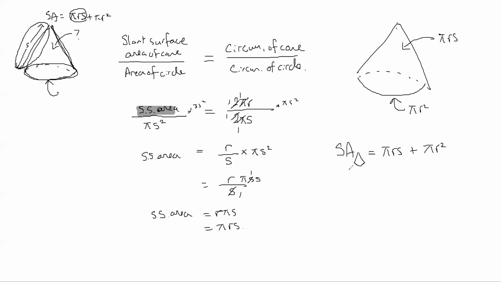It's a bit of a stretch. This formula can be proven using grade 12 math, basically calculus and integrals and beyond. But for our level in grade 9, that's the explanation. It's a bit long-winded. Hope you're still with me.